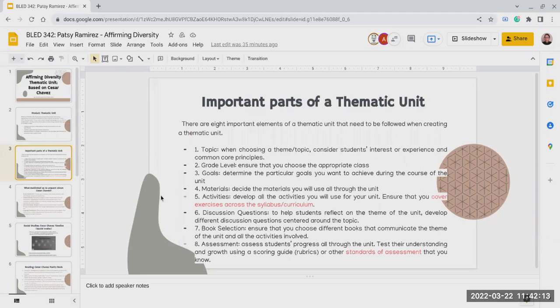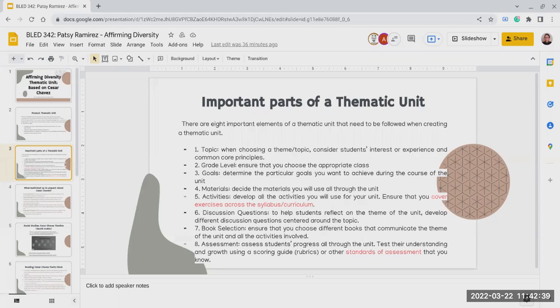Moving on to the second slide, the important parts of a thematic unit. There are 8 main important elements that every thematic unit should have. The first one would be a topic. So just choosing a theme topic that has the students' interest and let them experience it, as well as following the Common Core principles.